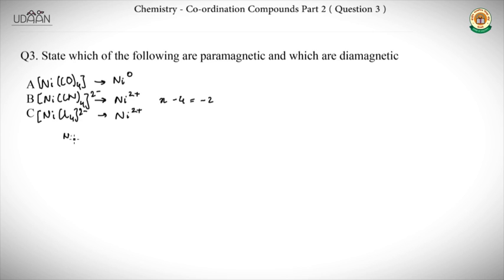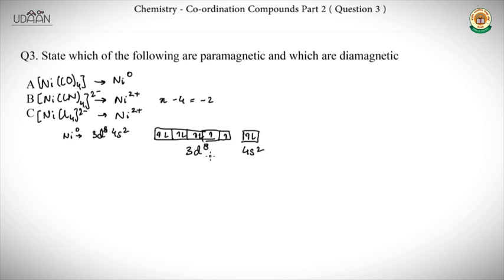So first we'll write down the orbital configuration for Ni. Ni0 has 3d9 and 4s2. So we can draw the orbital diagram. That is 3, 4, 5, 6, 7 and 8, and we have 2 electrons in 4s2.